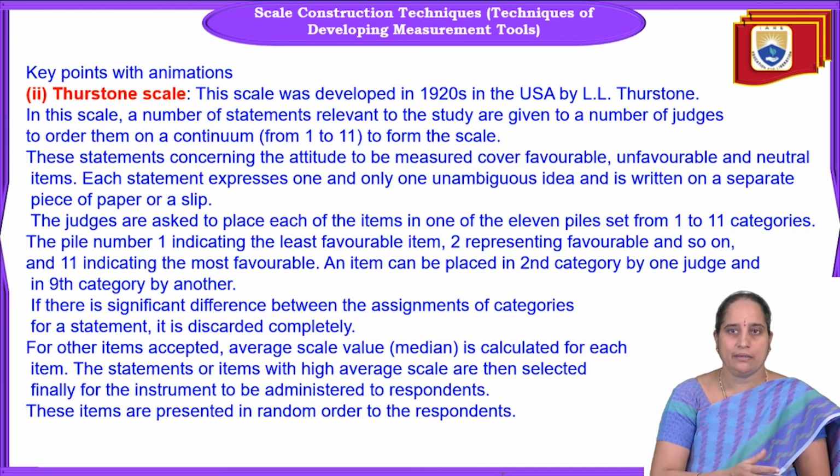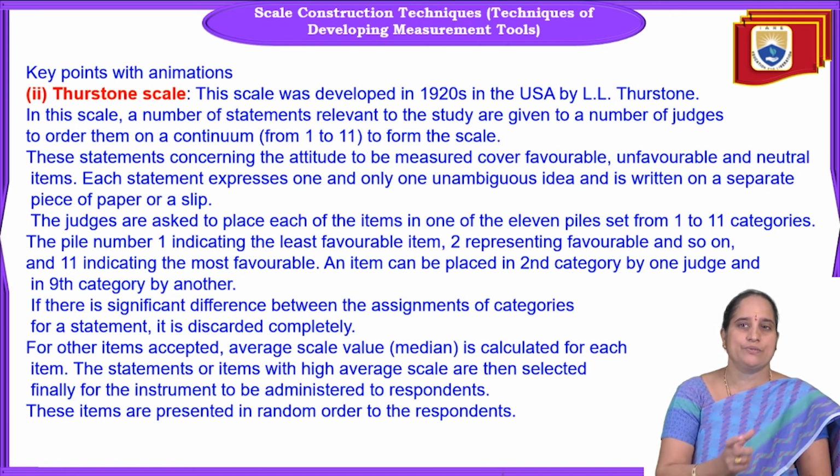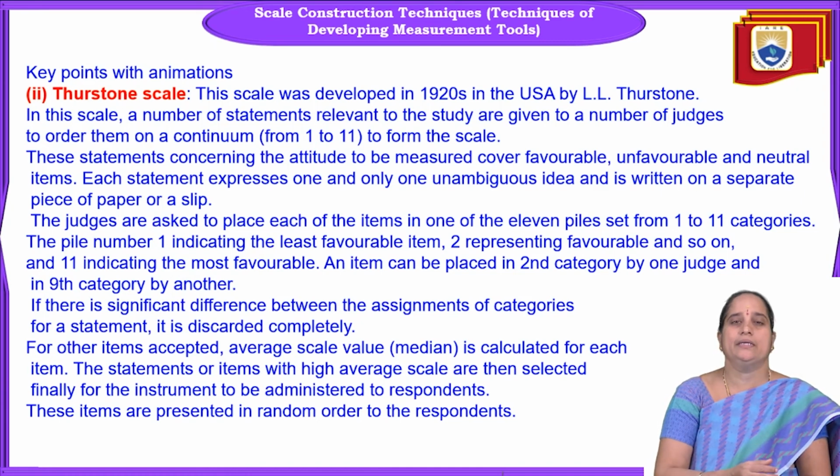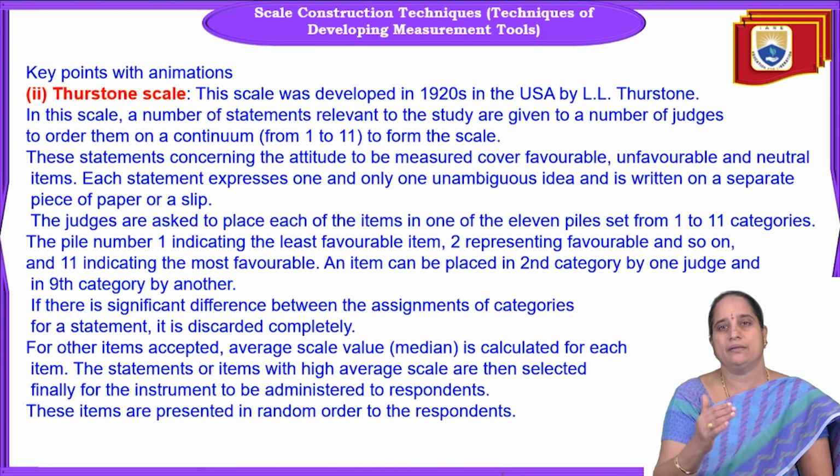For each and every category, as per their opinion, they assign some value. For example, 1 indicates the least favorable item, 2 favorable, 3, and so on, whereas 11 indicates most favorable. An item can be placed in the second category by judge 1 and the ninth category by another. Why does it happen?